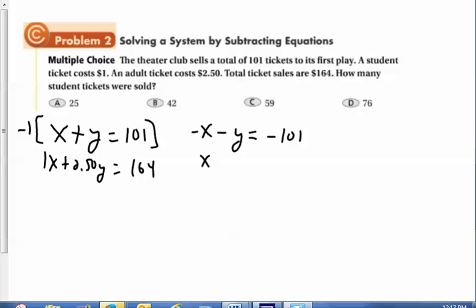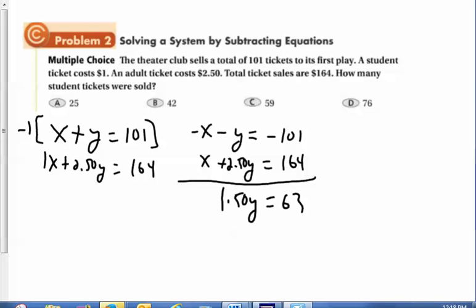Now I have 1x plus 2.50y equals 164. Now it wouldn't have made a difference which one I chose, but I chose the top one just because. The x's go away. I get $1.50y equals 63, and then I divide 63 by $1.50 and I get 42. So 42 of the adult tickets were sold.